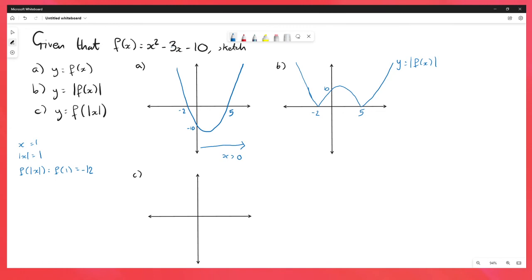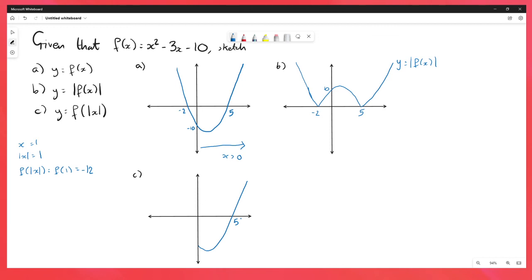One minus 3 minus 10 is minus 12. Okay, and we can see that when x is 1, that gives us minus 12 here. So this bit all stays the same. So when x is a positive number, everything there stays the same shape.